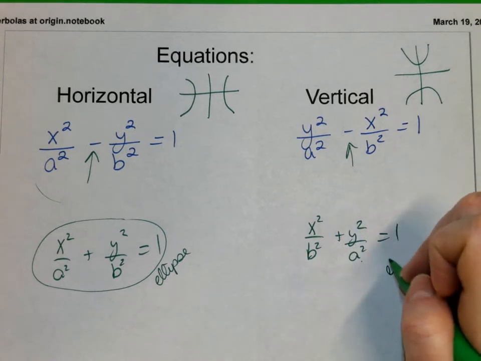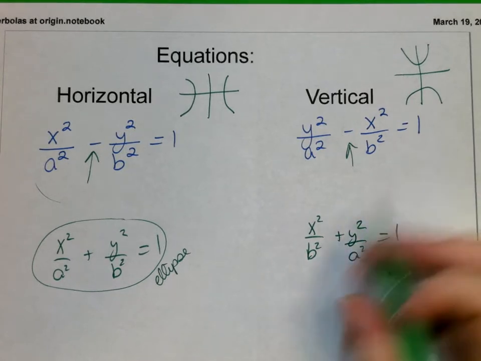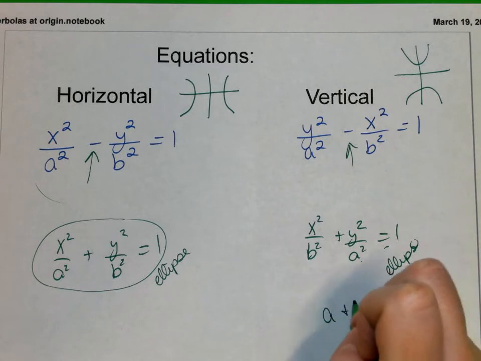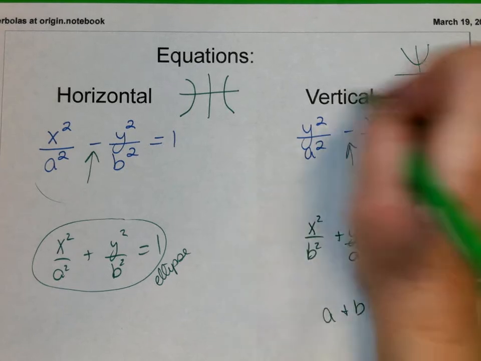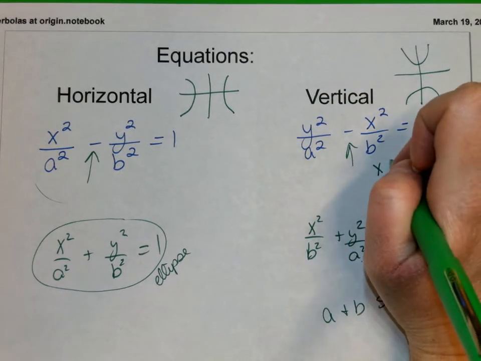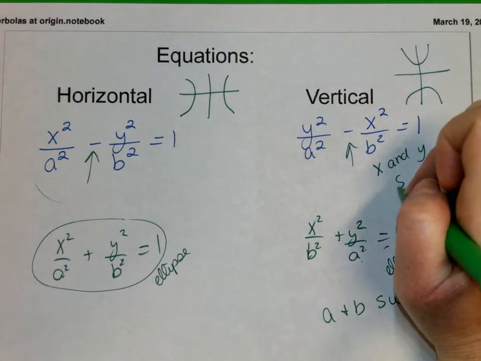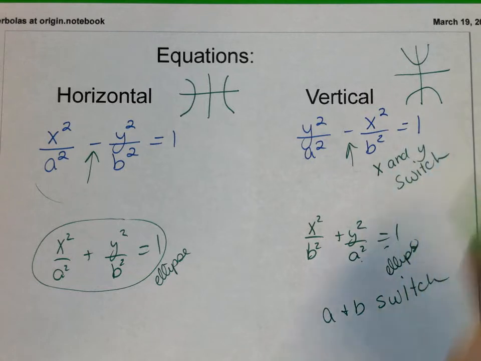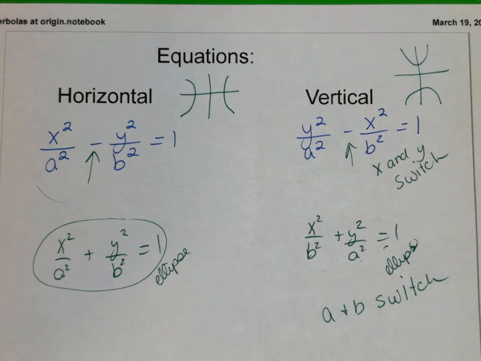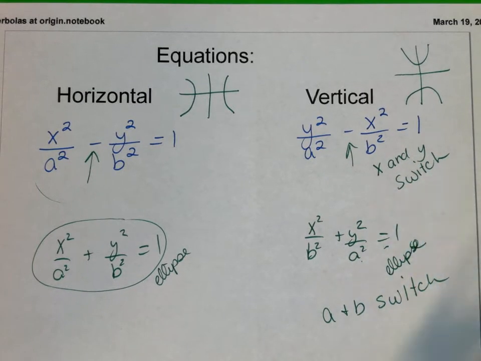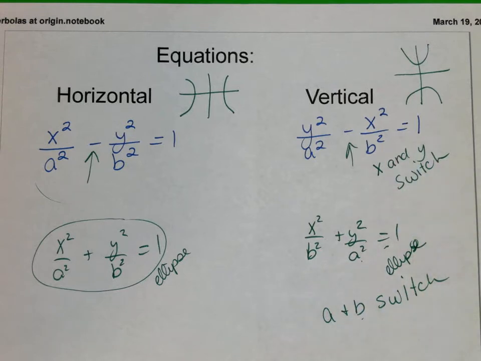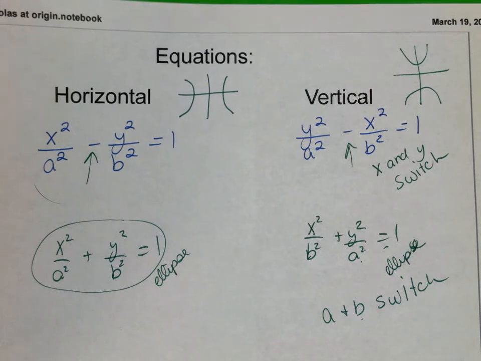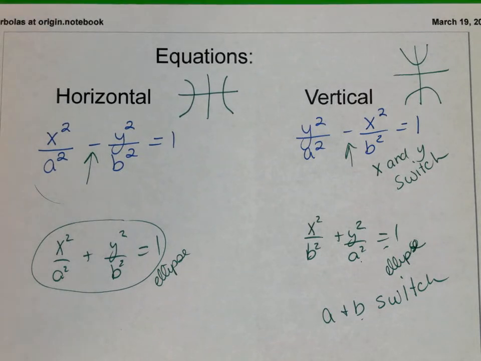In an ellipse, a and b switch. In a hyperbola, x and y switch. That's the difference between the two equations. Otherwise it pretty much is the same thing.